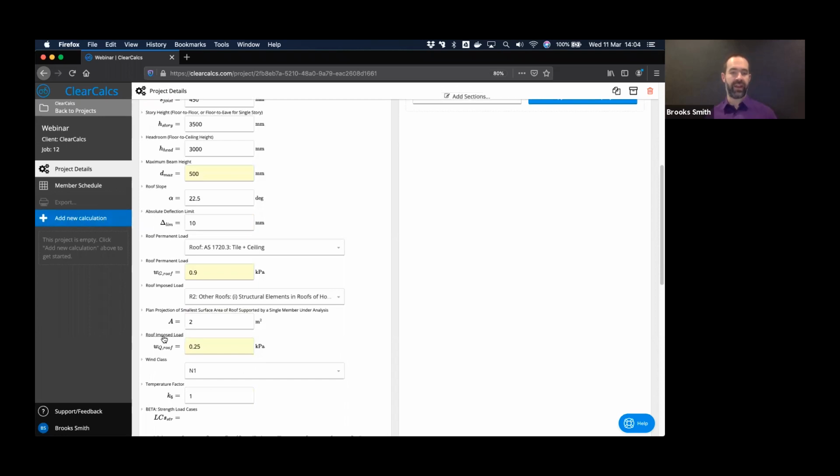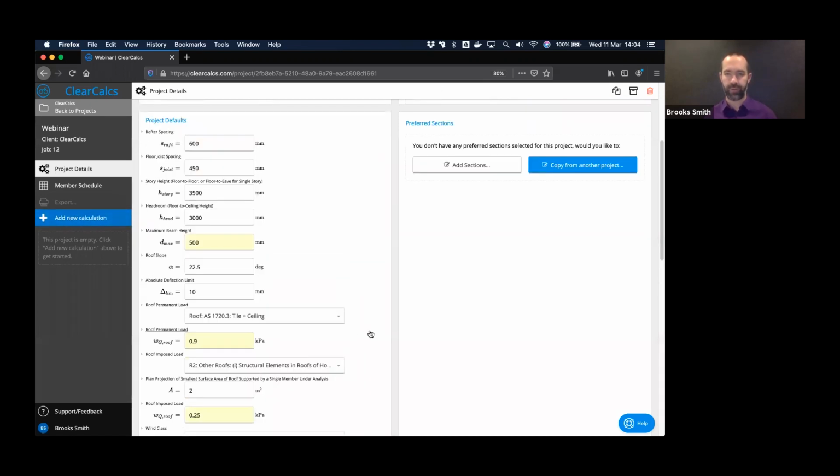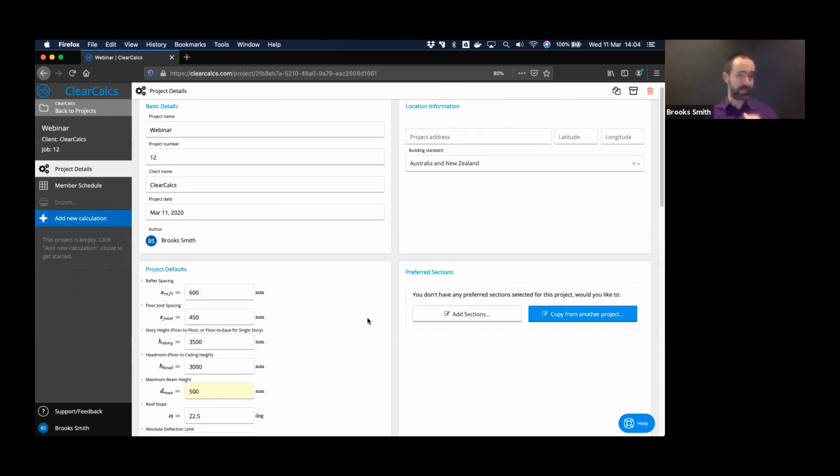We can expand anything shown here to see exactly what checks are being done, and see descriptions and references for all of them. In order to quickly design everything, we can add some preferred sections here. These are sections that will auto-design for or that are going to show up at the top of the list to make our design easier.